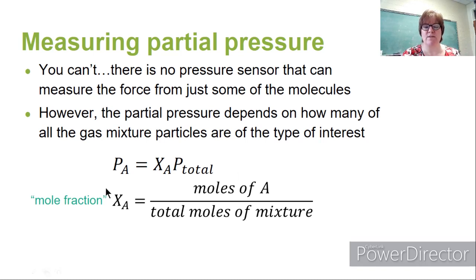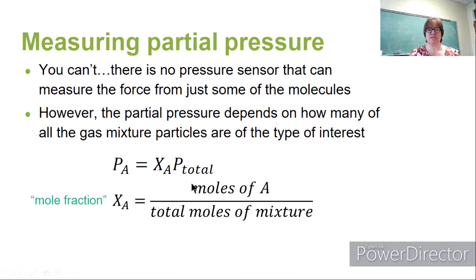So the way we will write this is that the partial pressure of gas A is equal to the mole fraction of gas A times the total pressure. Essentially, this is a ratio of how many of the particles are A particles out of the whole total, multiplied by the total.